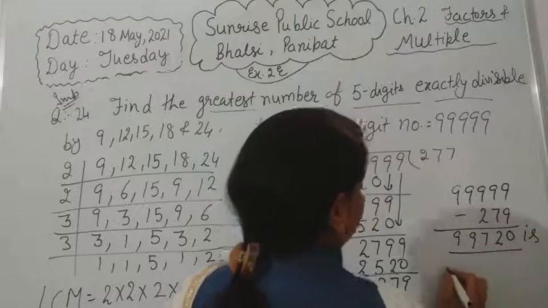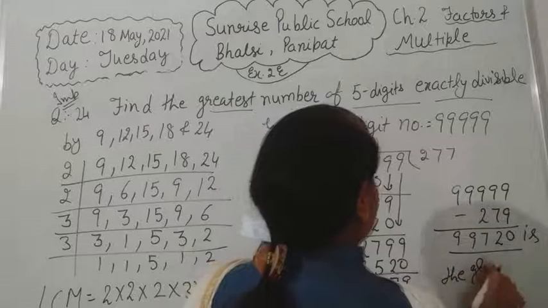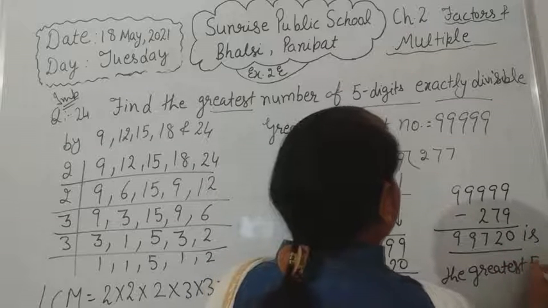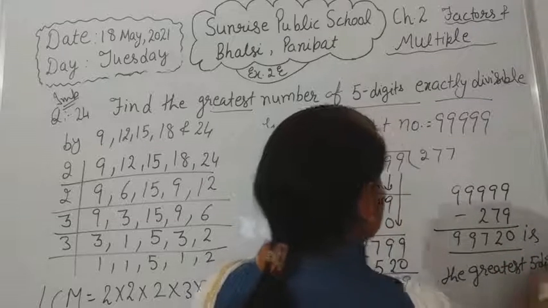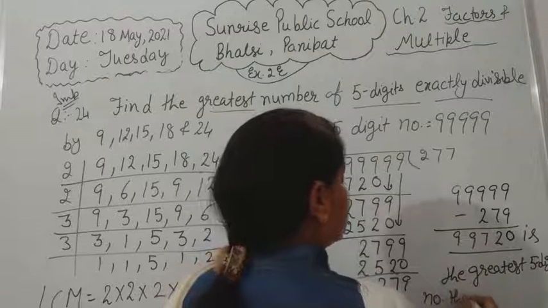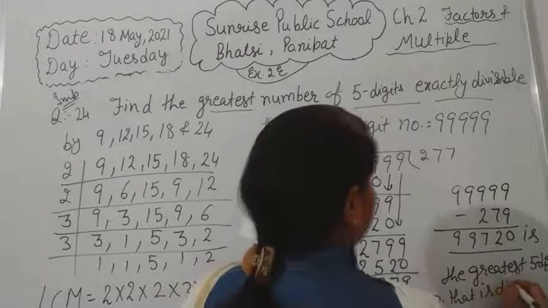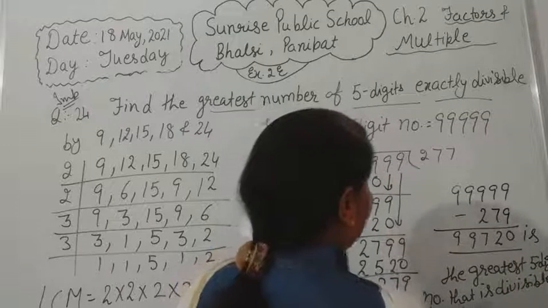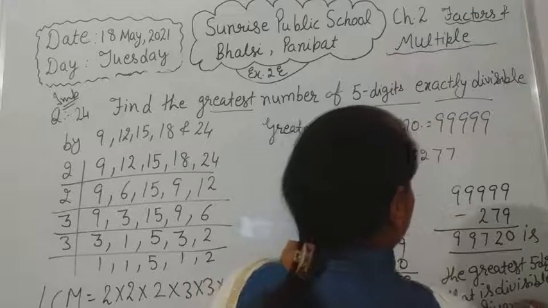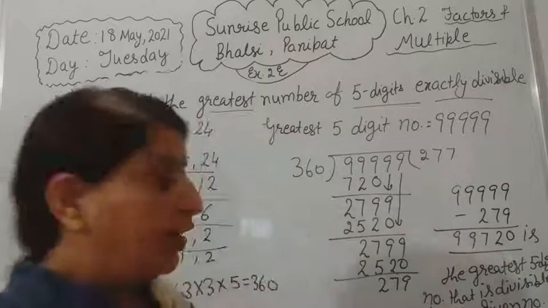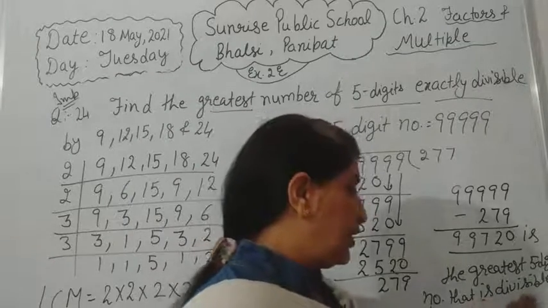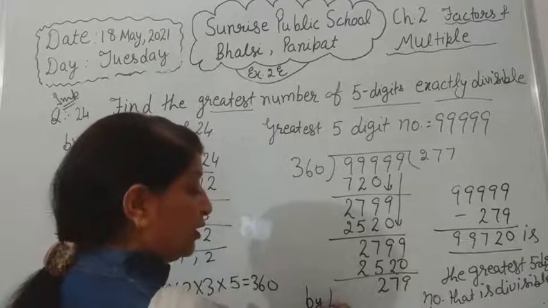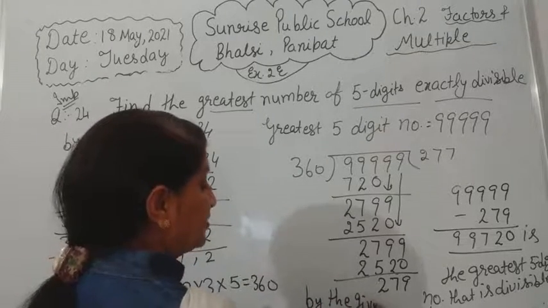This is the greatest 5 digit number that is divisible by the given numbers, meaning it is divisible by all the numbers that were given.